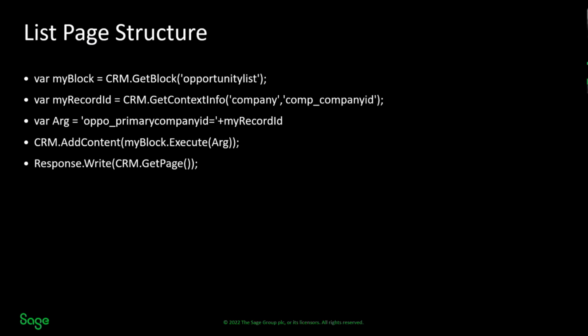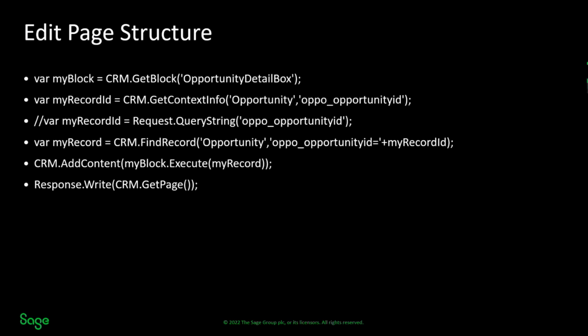That list page within the interface would then have a hyperlink that we want to follow. The hyperlink can point to an ASP page, in the same way as it can point to another CRM internal screen. But if we go on to an edit page, this is what an edit page looks like.